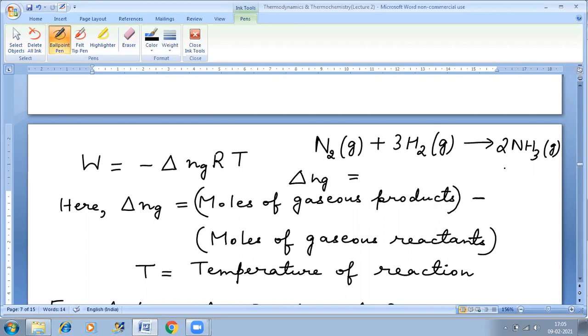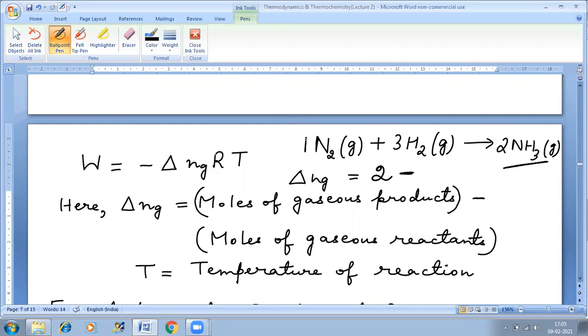Which is a product here? NH3 is a product here. So the mole of NH3, that is 2. So I'll write here 2 minus moles of gaseous reactants now. I have two reactants, N2 and H2.